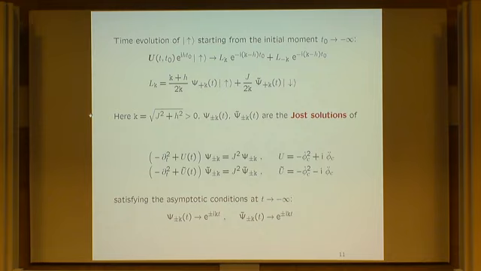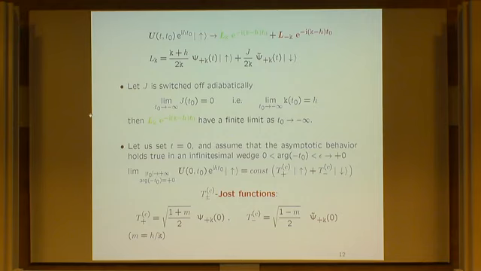This asymptotic condition defines the solution uniquely, and these functions appear in the limit. This function is called the Jost solution. We have two equations in fact, with different potentials. Anyway, now we have this formula, and we take the limit, but there's no limit.